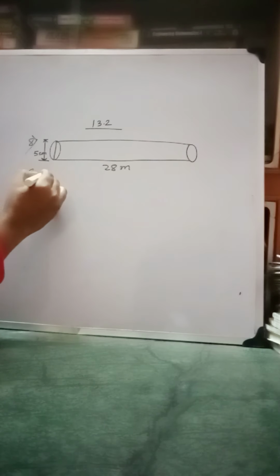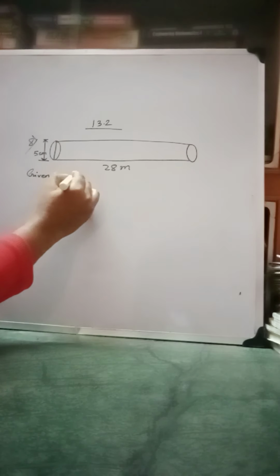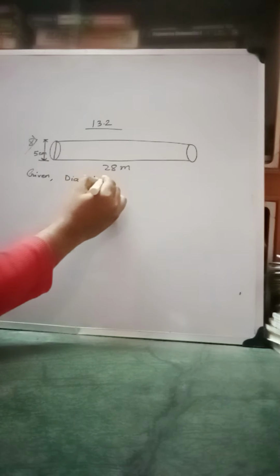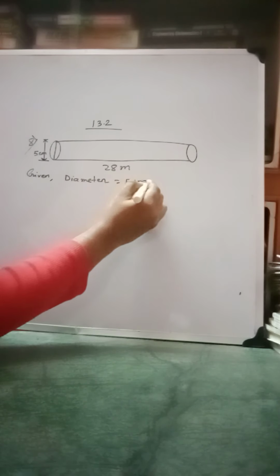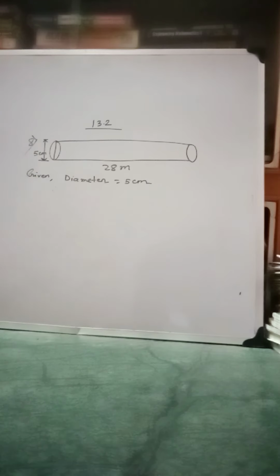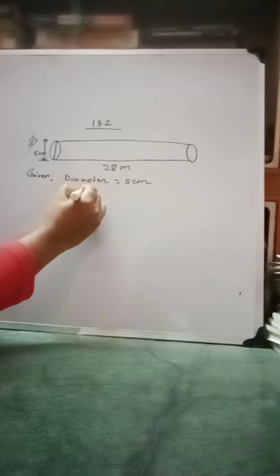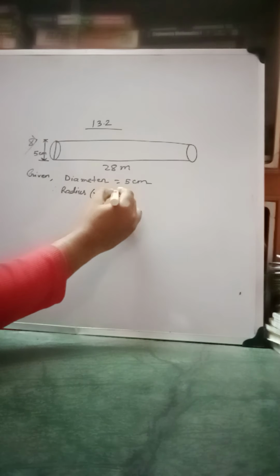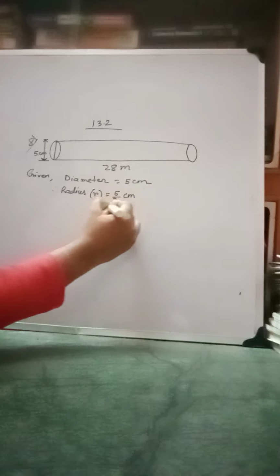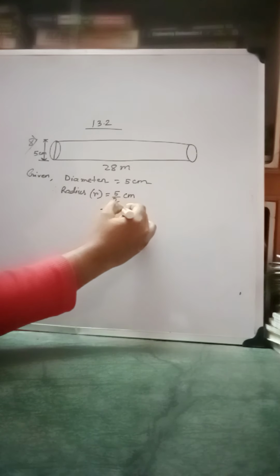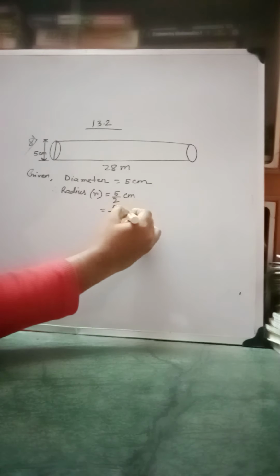First of all, I am writing given diameter equals 5 centimeter, therefore radius equals 5 by 2. Therefore radius r equals 5 by 2 centimeter, but I am converting this into meter, so we have to divide that by 100.